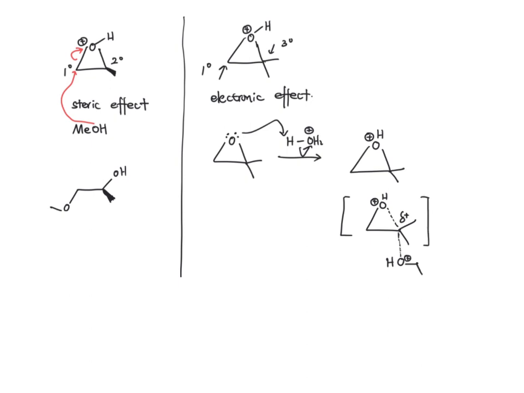So this is the intermediate. And in this case, because the bond breaks here, that sort of forms a partial positive charge at the tertiary carbon. It's kind of like a carbocation, but not exactly yet. That is why it's more positive compared to this carbon. So it's more electrophilic. That's why the weak nucleophile will attack this more substituted carbon, the tertiary carbon. And that will give us our product here.